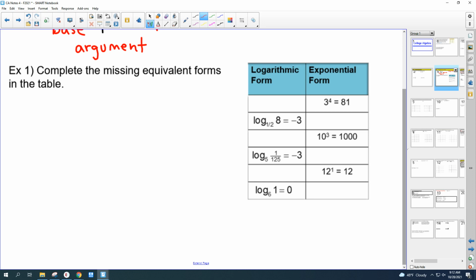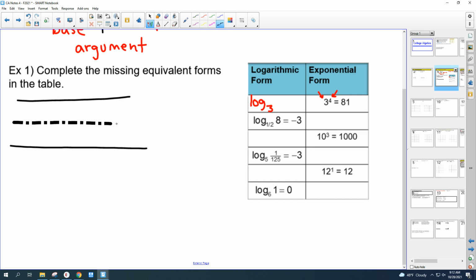So notice in this exponential, the exponent is 4, and this is the base. It's a base 3 and an exponent 4. So if I know that that's a base 3, I can say this is log base 3. Now write that as a subscript. Sometimes people have a hard time with how to write this, but let's go back to kindergarten when we first learned how to write.